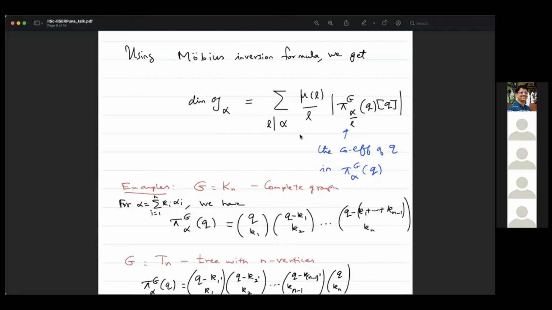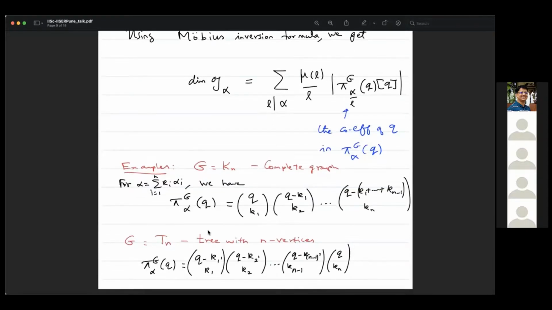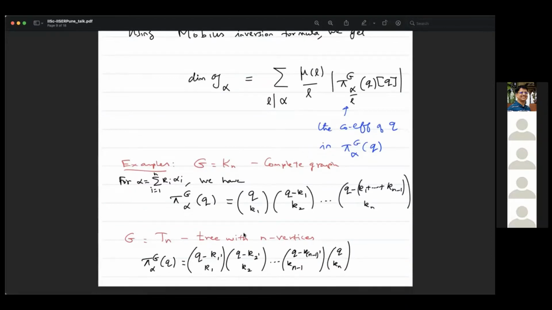And this coefficient of q inside the chromatic polynomial also has many interesting combinatorial interpretations. If you take a tree with n vertices, then again one can construct this polynomial very explicitly. That is given here.